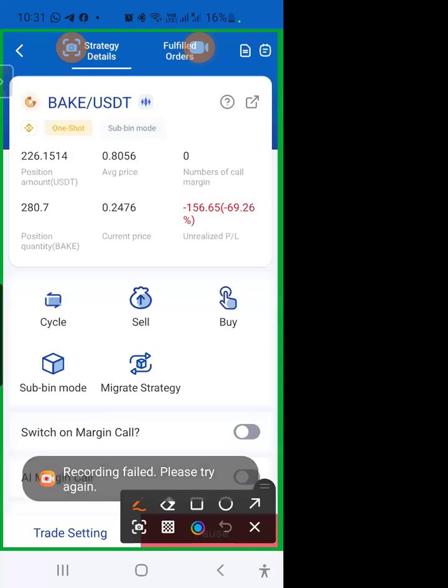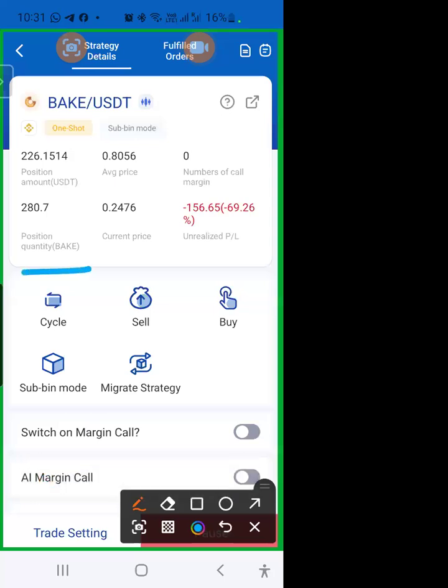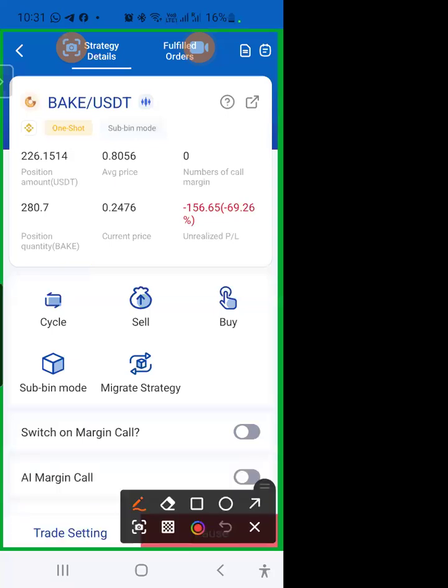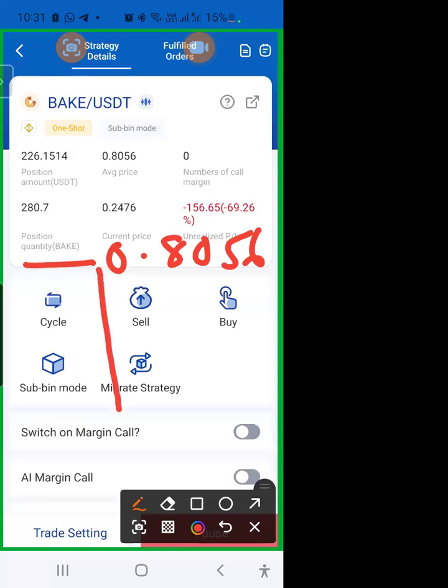You enter the coin when its price was here. I like to use red. I don't know why. You enter the coin when its price was here at 0.8056. This coin dipped down. It took you into floating loss.